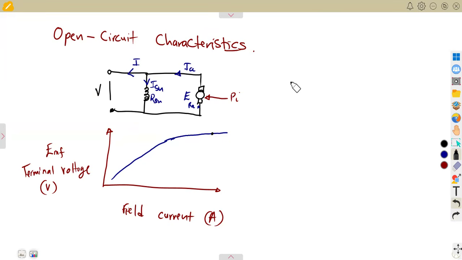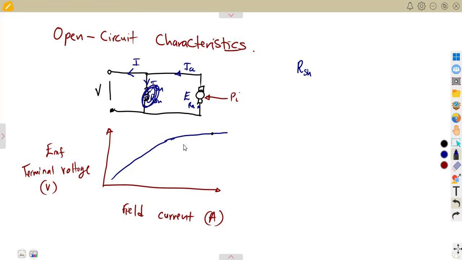The shunt resistance, we take it to be equivalent to the voltage over the shunt current. So in the same sense, if you consider this shunt resistance, which is the resistance you are given at the open circuit, maybe you're given the resistance of the field.